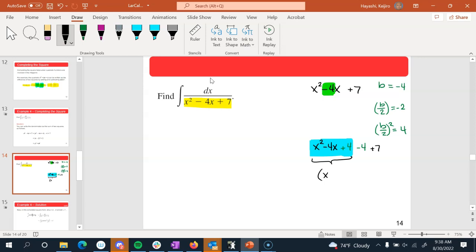So our b over 2 is negative 2, and that's why it's important to recognize what the sign of b is, because that's going to affect what your b over 2 is. So we want to add this negative 2, meaning we're going to have x minus 2 squared as the condensed form of this perfect square trinomial formed by these first three terms. And then this minus 4 and plus 7, well, that's just plus 3.